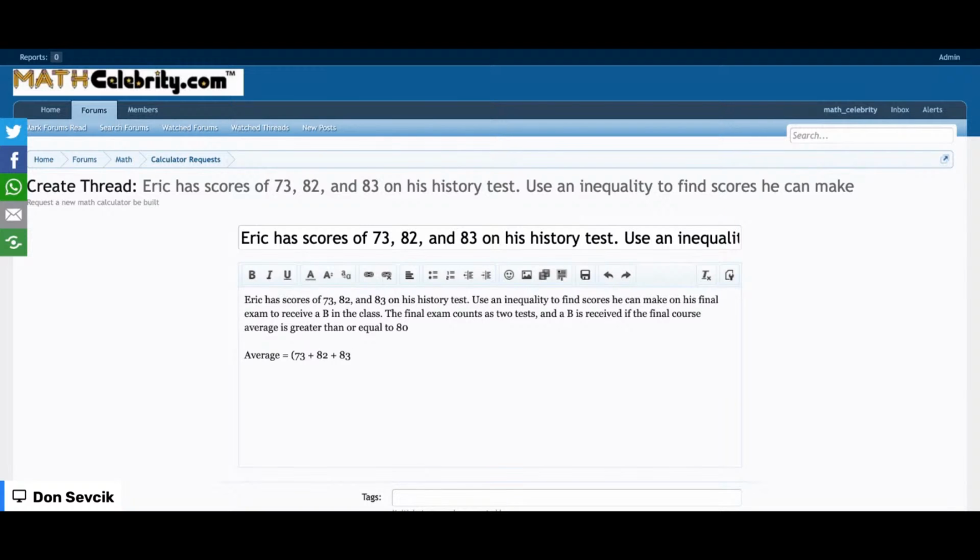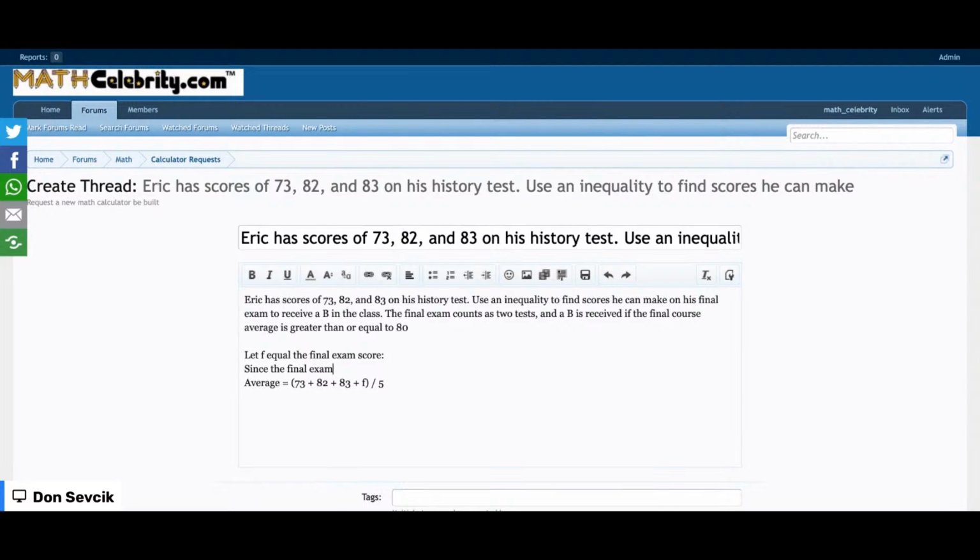So they weight it. Yep. Okay. So let's just let F equal the final exam score divided by 5. Okay.